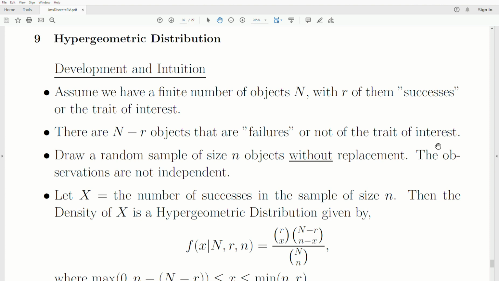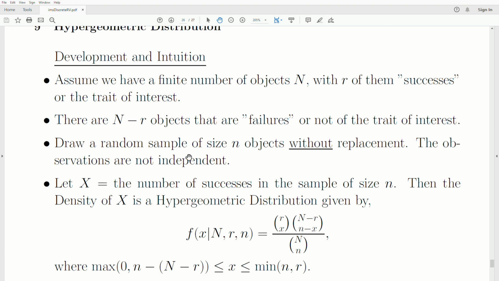Dead or alive, we could assign those depending upon whether we want to model survival or failure. Number of red balls in a box, number of blue balls. If we're interested in the number of red balls that we sample, then red is success, blue or black would be failure. So that's the idea there.